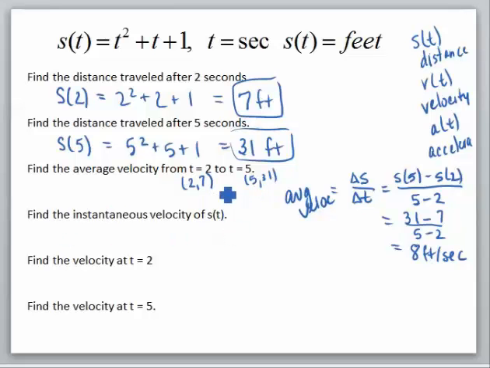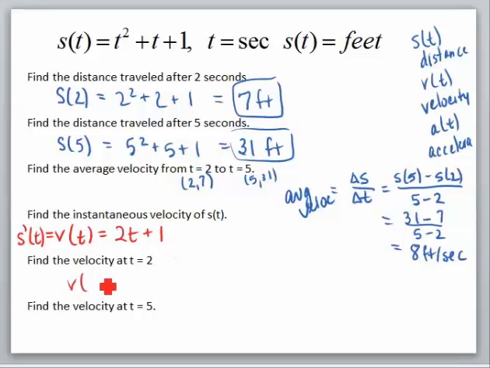The next question says find the instantaneous velocity. In order to do that, we would just be taking the derivative of s of t. The way you get to your velocity is by finding the derivative of your position function or your distance function. It would be 2t plus 1.